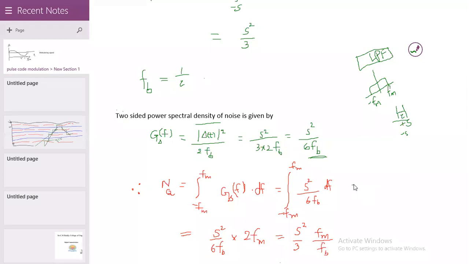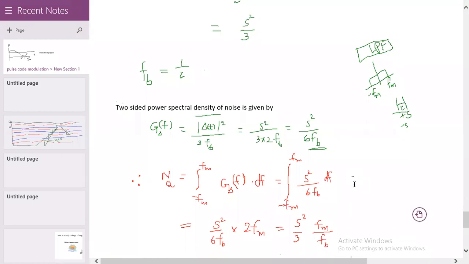Now we can calculate the total noise power. The low pass filter extends from minus FM to plus FM. So the total quantization noise power NQ is equal to the integral from minus FM to plus FM of the power spectral density of the noise, G delta of F into DF.